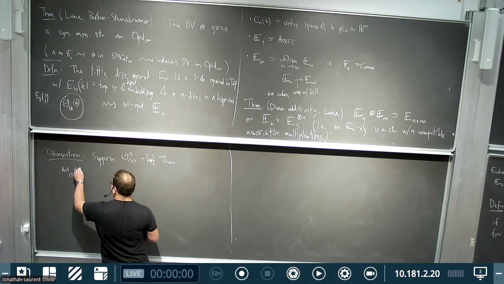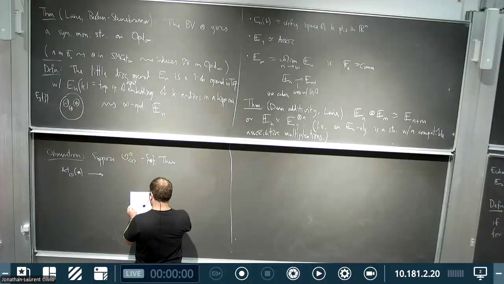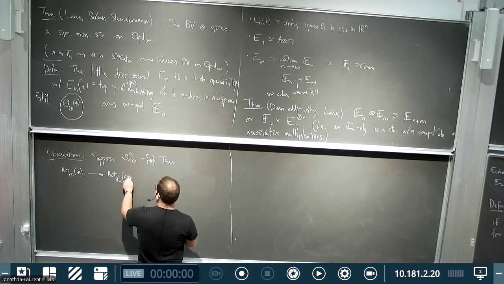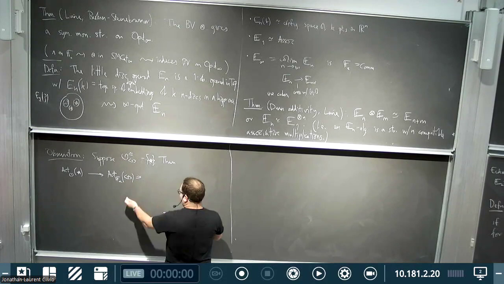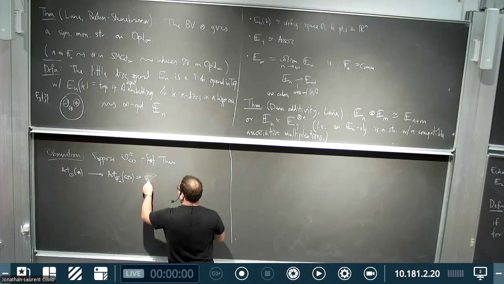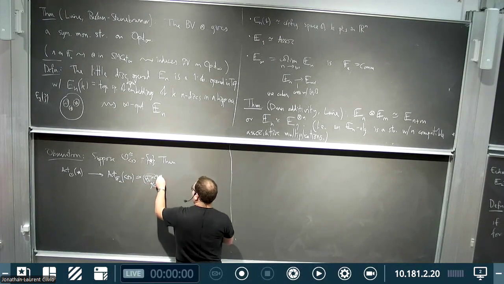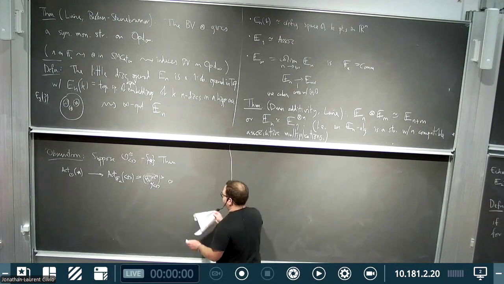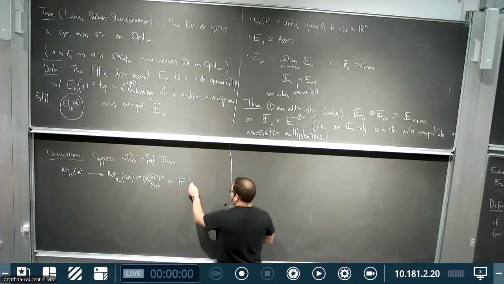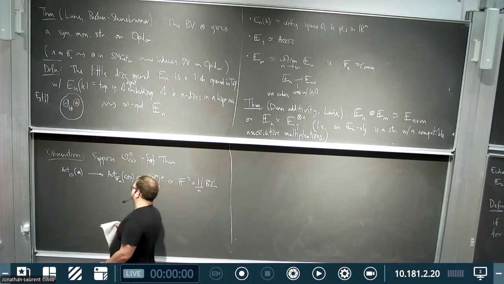Then O(star) maps to the active morphisms to star, which is the core of the category of finite sets, which is just the disjoint union of B sigma n.